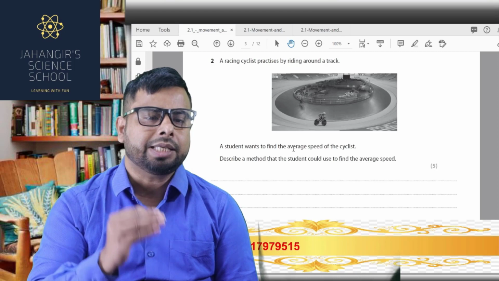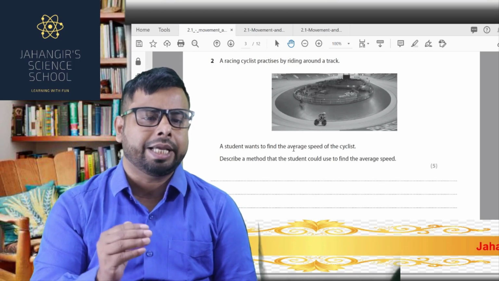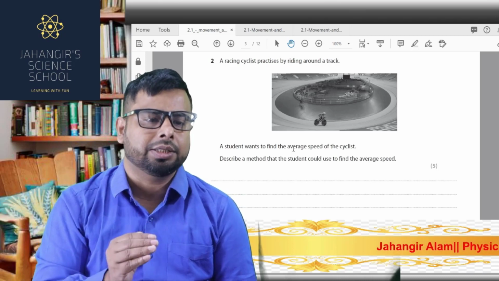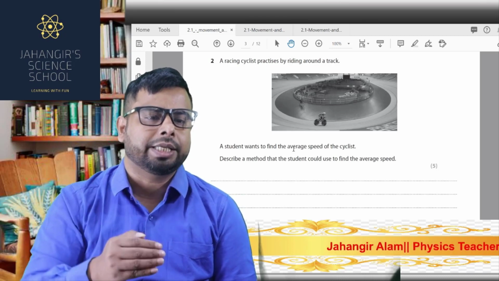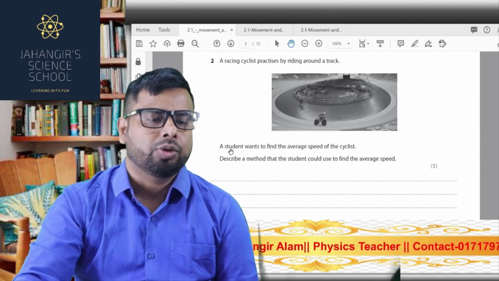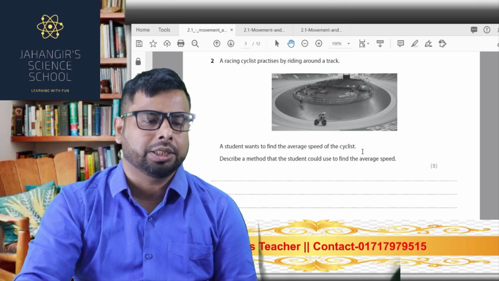Now question number 2. A racing cyclist practices by riding around a track. A student wants to find the average speed of the cyclist.